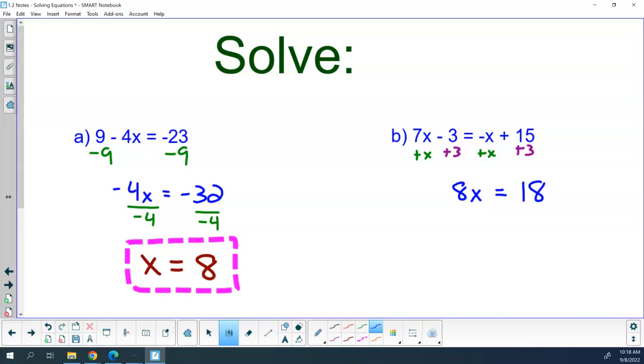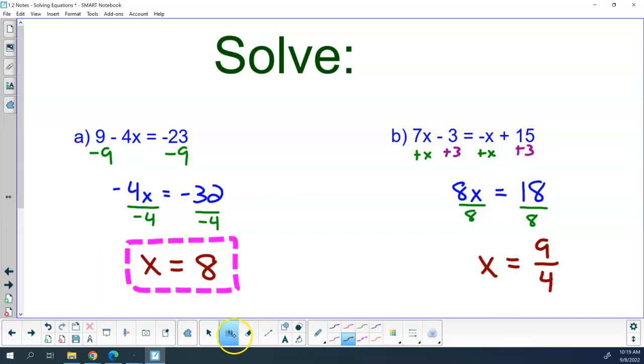Then I'm going to divide both sides by 8. Now, unfortunately, 18 does not evenly divide by 8. However, the fraction 18/8 can be reduced to 9/4.